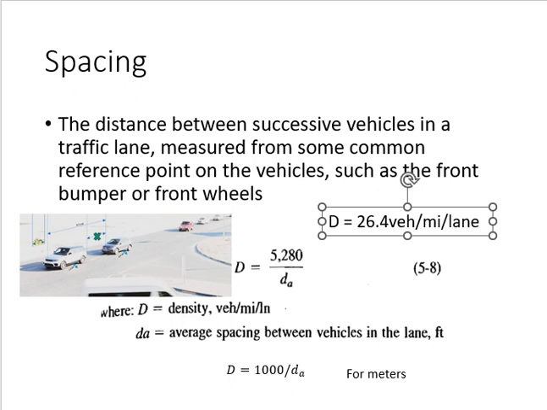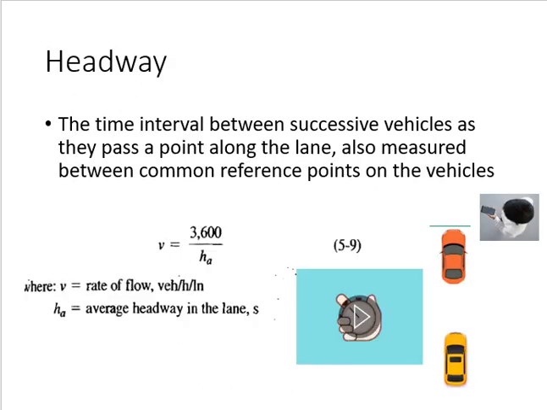In two lanes it can be 0, two cars can go together. So if you are measuring spacing, you have to measure it between two cars in one lane. So spacing by default is one lane. When you use spacing to calculate something, it will be per lane by default. Got it? Clear?